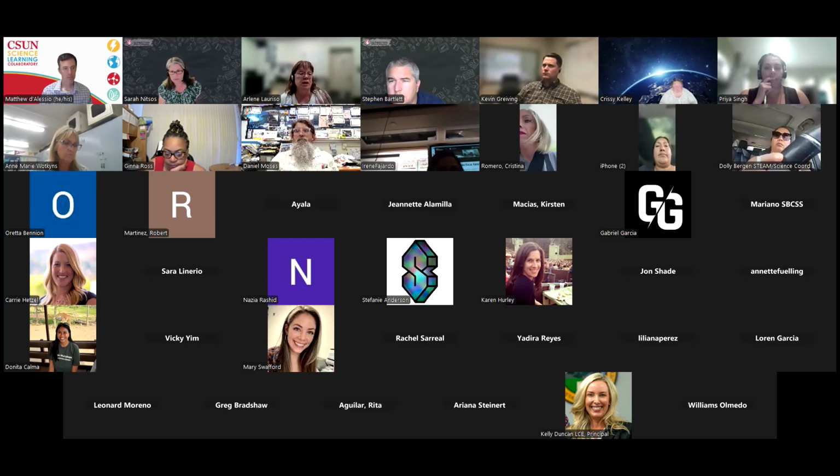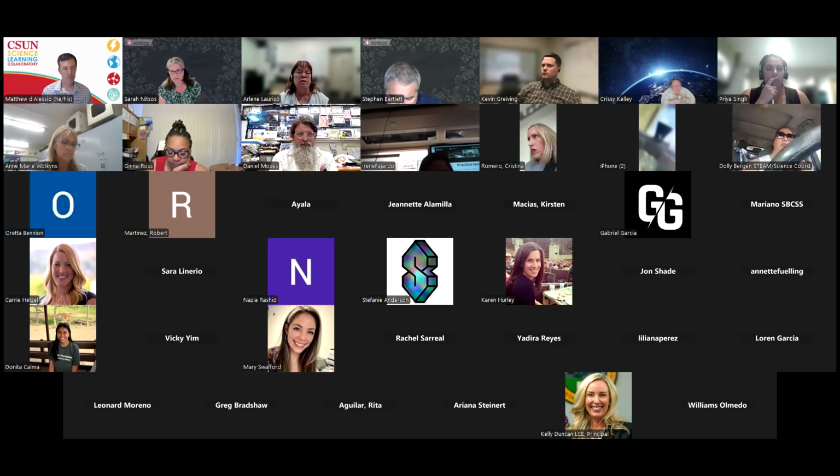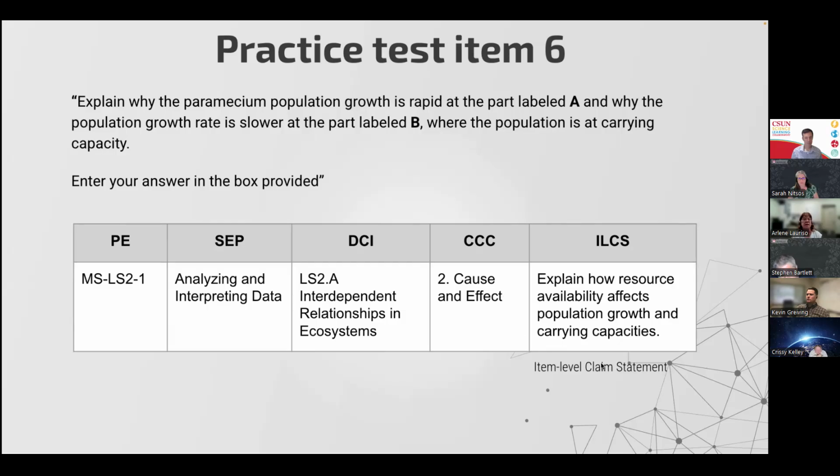It gives you the PE, a middle school life science. The practice is to analyze and interpret data. The DCI is the relationships in ecosystems. The cross-cutting concept is cause and effect. And the item level claim statement is, how are resources affecting the growth when you have lots of resources versus very few resources?